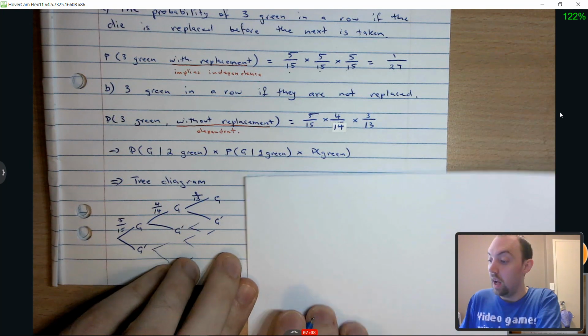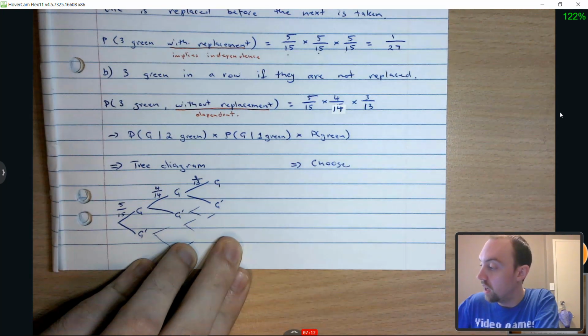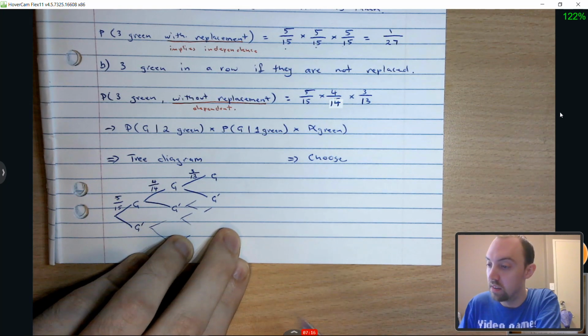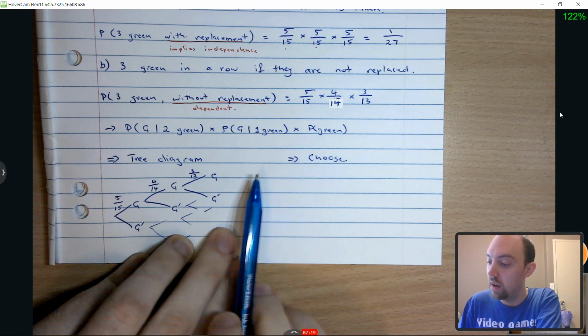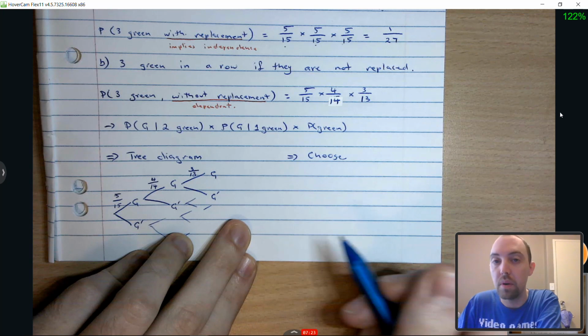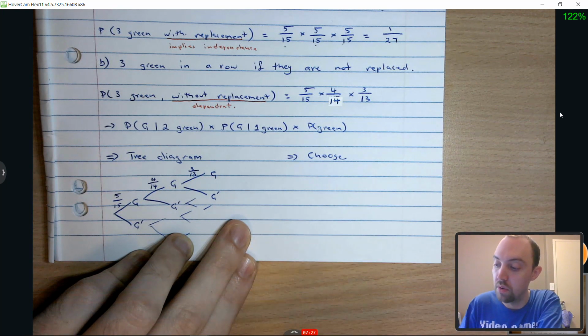And if you're clever, you might remember that we can do this in a choose manner. This is less about independence, but because we've got without replacement here, how many ways can I choose green out of the 5 if I'm picking 3?